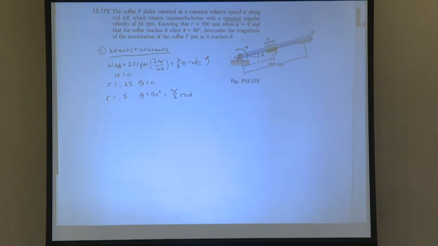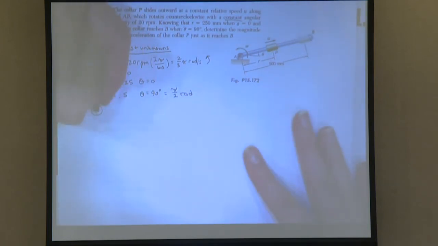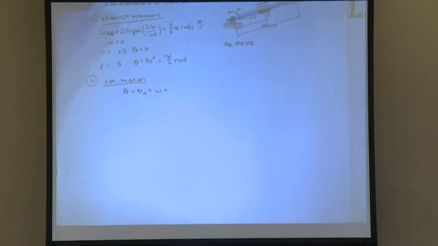So what we can do is look at rotational motion. Basically, how long does it take that rod to go from horizontal to vertical? We know its initial angle, we know its final angle, and we know its angular velocity. So we can use this equation. For rotational motion, theta is equal to theta naught plus omega t, and we know that alpha is 0.